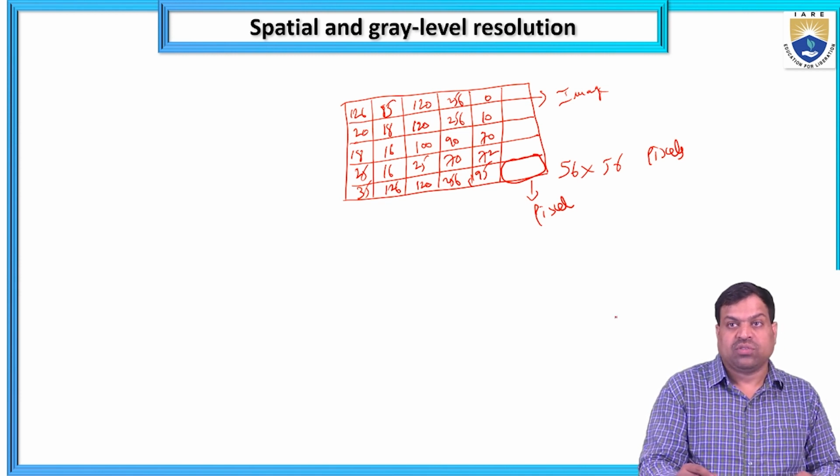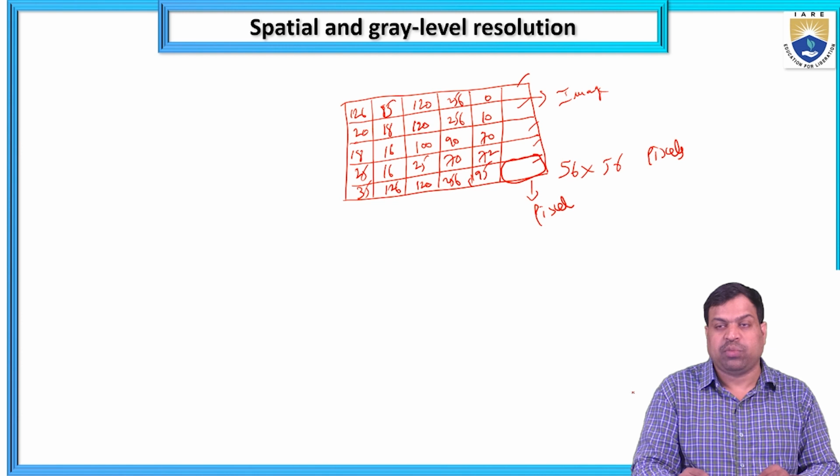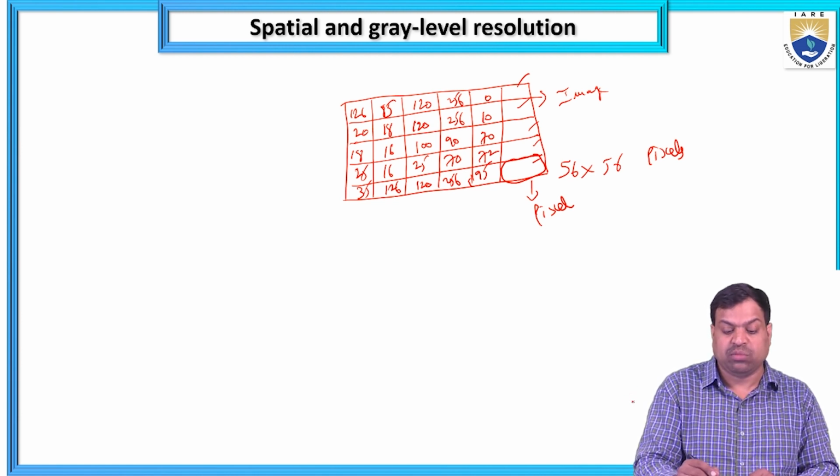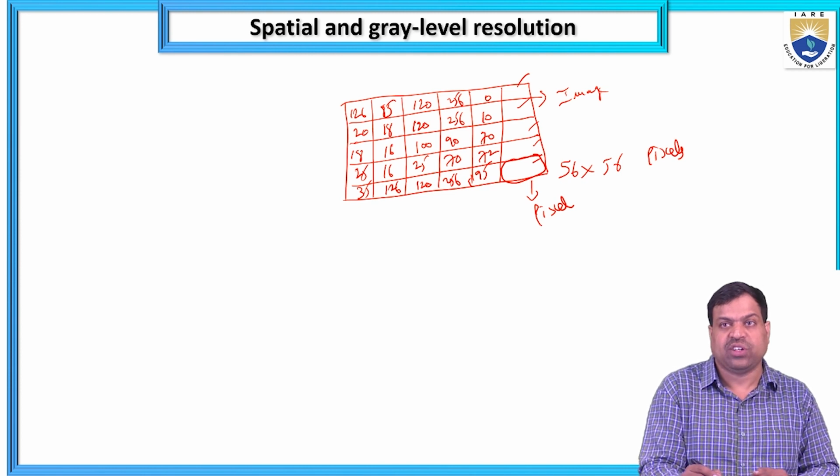Suppose a total of 56 into 56 pixels are there. Suppose I am not giving any intensity values for some of them. So the total number of pixels is 56 into 56, but for some pixels I am not giving any intensity values because we don't have any intensity values for them.